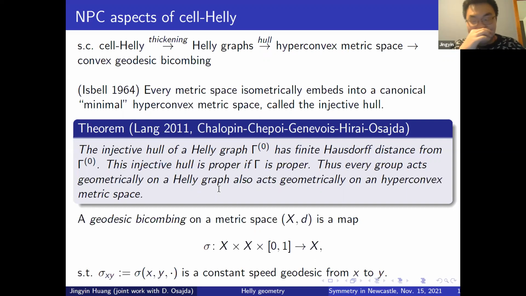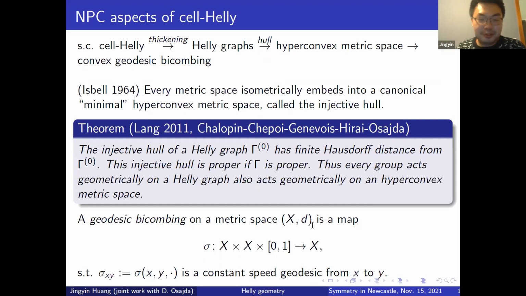Okay, so now we have this continuous metric space which is hyperconvex, and I want to explain that this hyperconvex metric space indeed has some features of nonpositive curvature. So one way to see that is the following. We're going to define a notion called geodesic bicombing on a metric space.